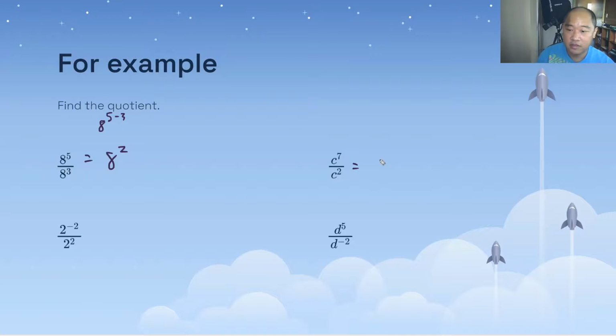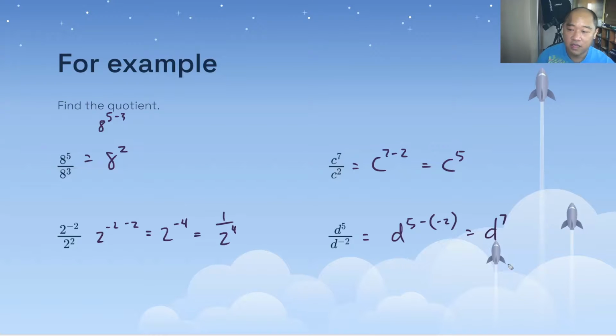So this is c to the 7 minus 2, which is c to the 5th. This is 2 to the negative 2 minus 2, which is 2 to the negative 4, which is 1 over 2 to the 4. And then here we have d to the 5 minus a negative 2, which is d to the 7. Remember, subtracting a negative is the same thing as adding.